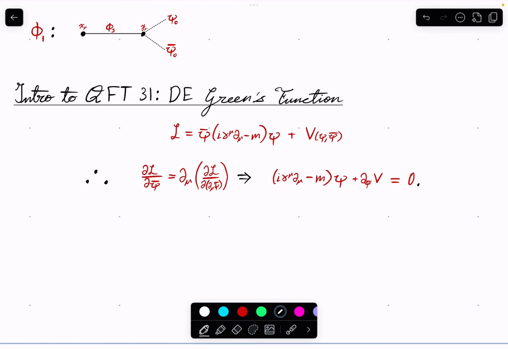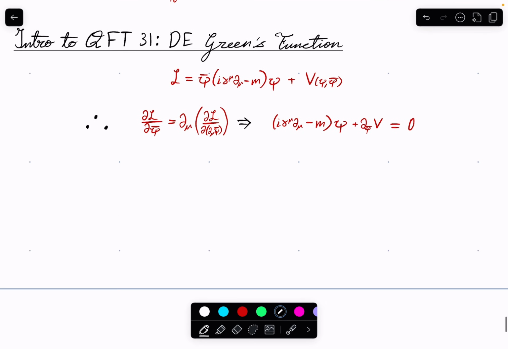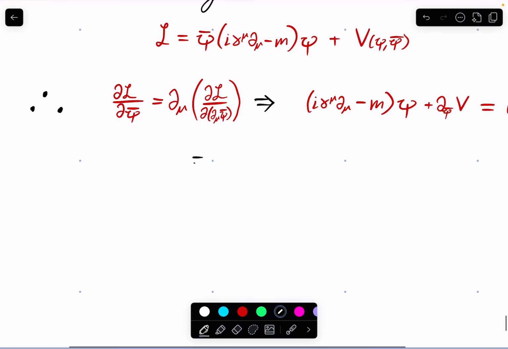And this further implies that the inhomogeneous Dirac equation is this.